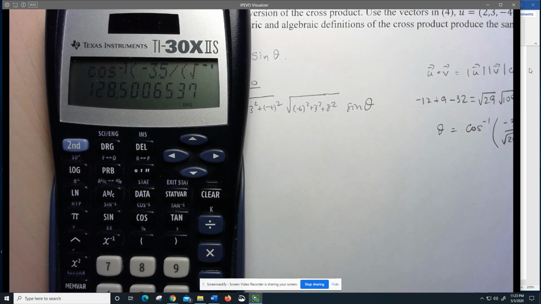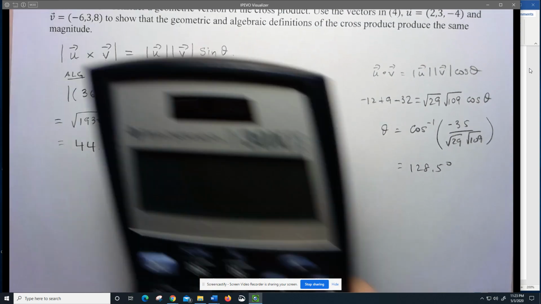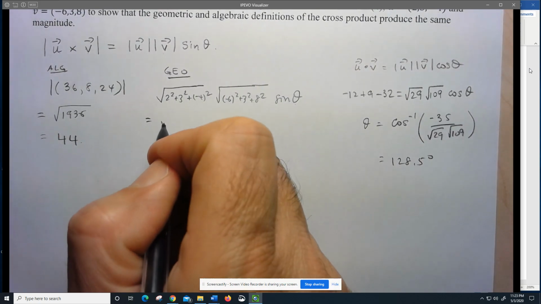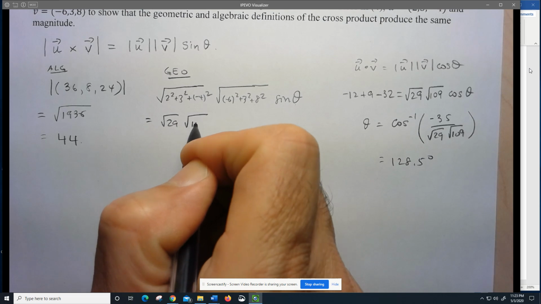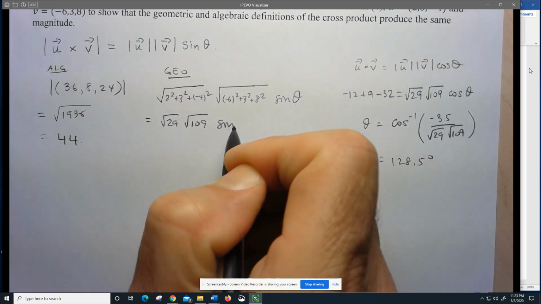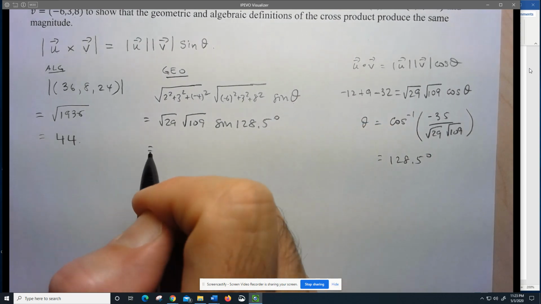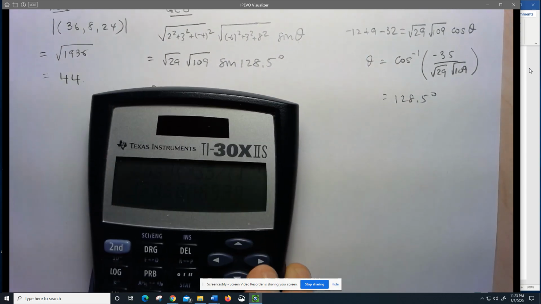And what do we get? We get 128.5. Okay, so let's now put this in here. So again, this is just root 29, root 109, sine of 128.5. And let's see if we get 44.